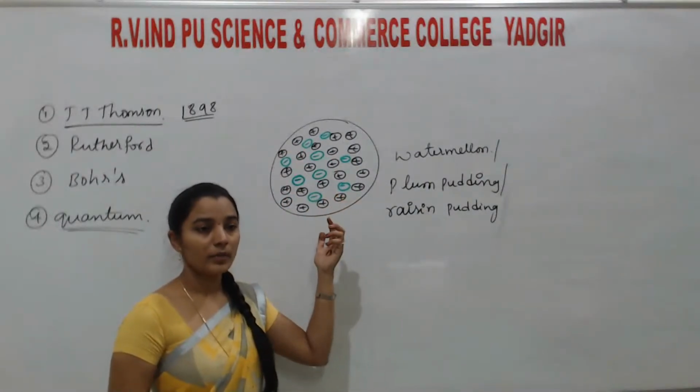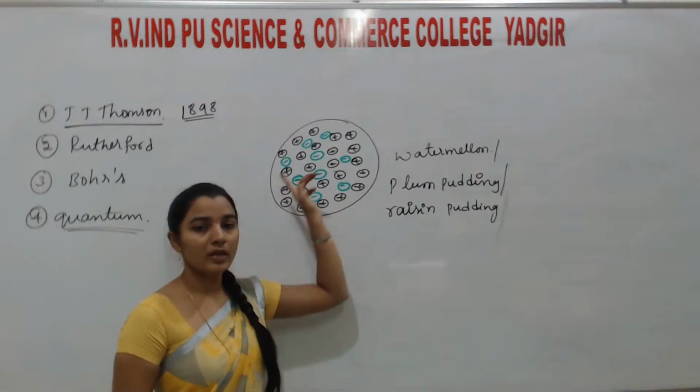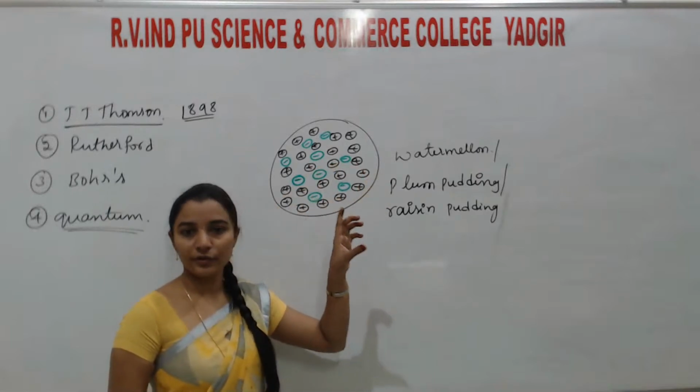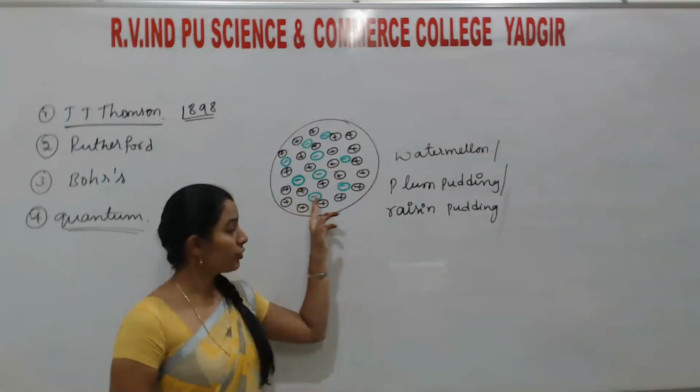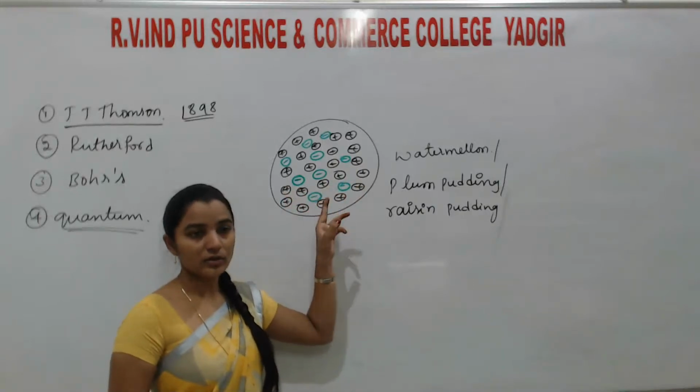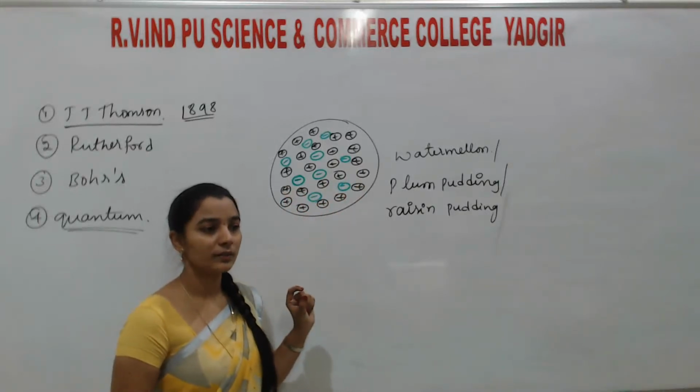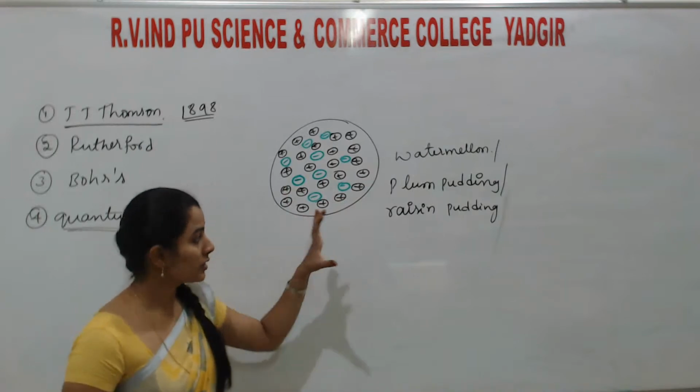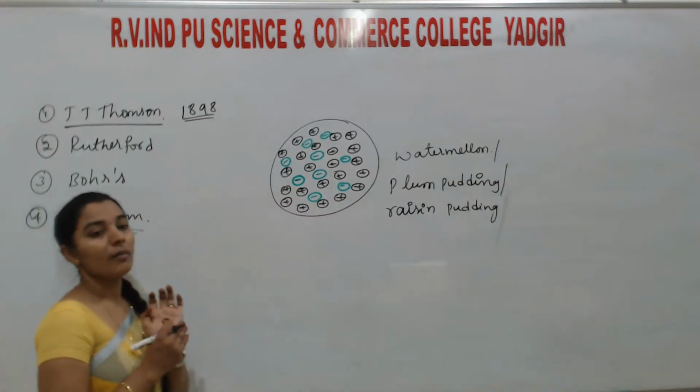Understand? Why? Because they compared the positively charged species with the red part of the fruit and the distributed negatively charged electrons as seeds inside that. Understood? So this is the J.J. Thomson model.